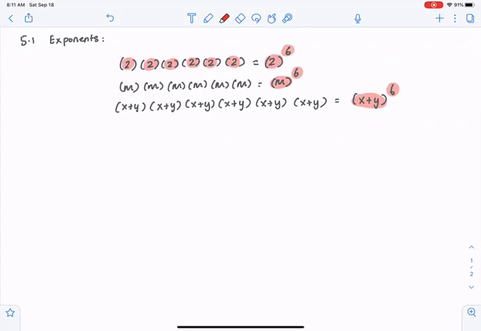If we want to deal with exponents, we have to know some properties that are quite important in terms of simplification. So I'm going to write those rules.